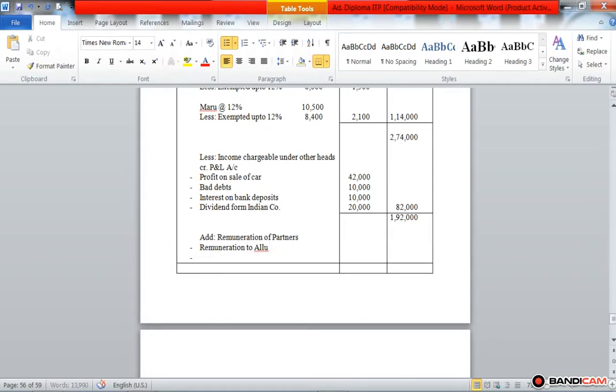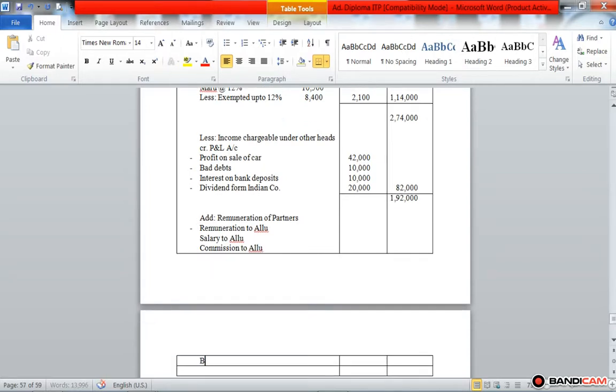Remuneration includes salary plus bonus: salary to Alu plus commission to Alu plus bonus to Alu.